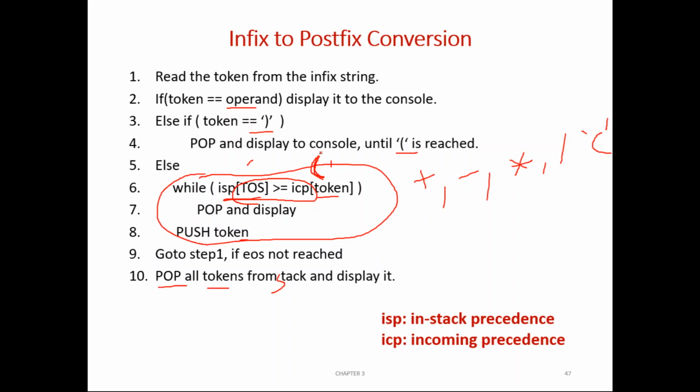Then how can we do that? You have to give a higher precedence for that, so we are giving the highest precedence. Now even if it is star at the top of the stack, its value may be 13 or 14, so it is less, this condition fails, so we just push this onto the stack.